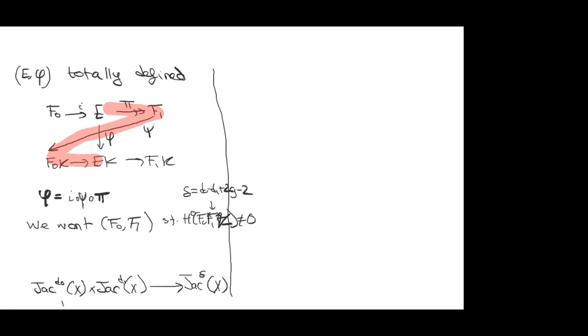So we can map F0, F1 to the appropriate line bundle here, and then leave the other one, say D1, invariant. We don't want to consider all line bundles, but we want to consider the symmetric space: the symmetric product of delta copies of X times the Jacobian of D1.